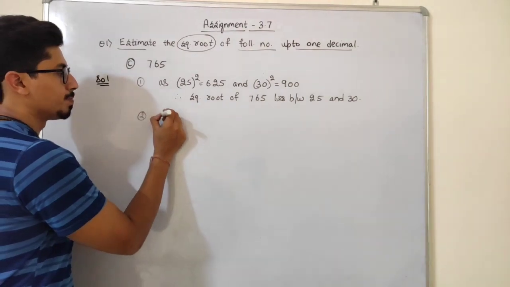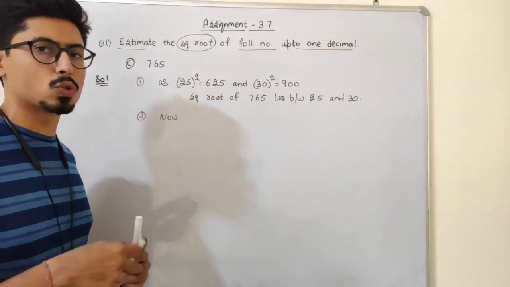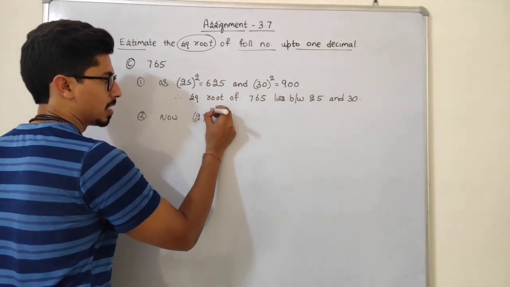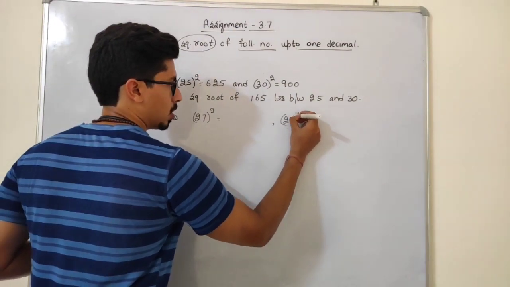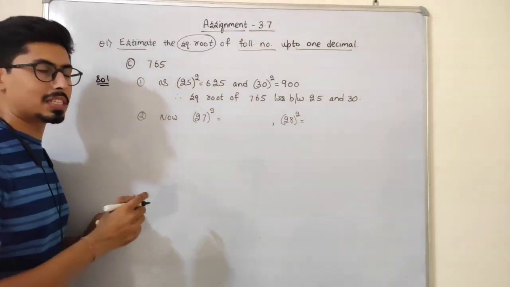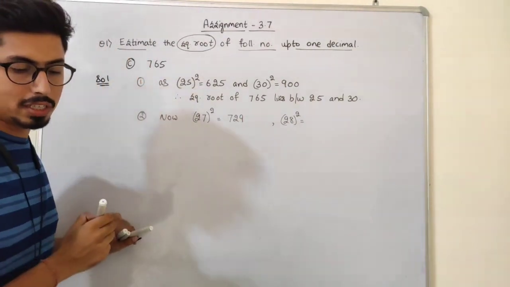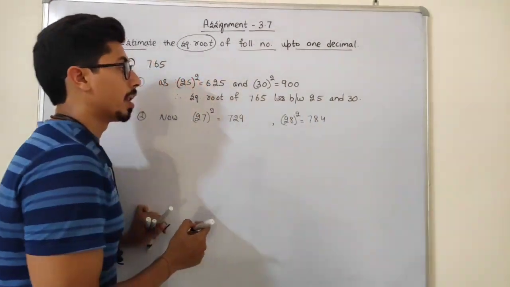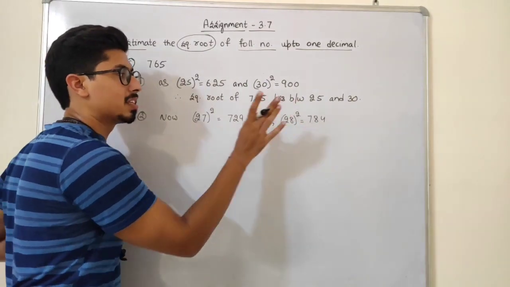Now 27 square and 28 square. So 27 square is 729, okay, and 28 square is 784. Okay, now this 765 is greater than this number but less than this number.